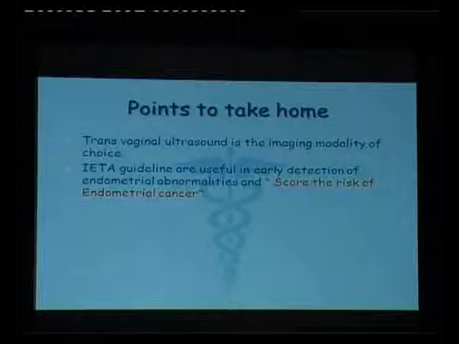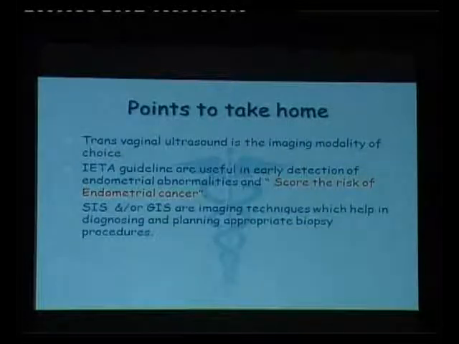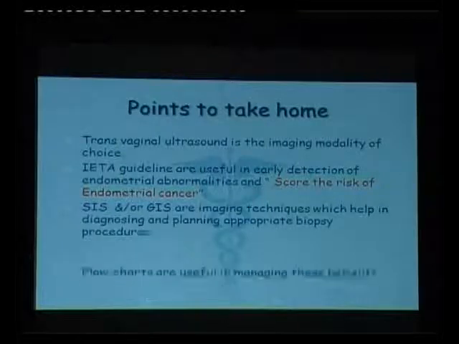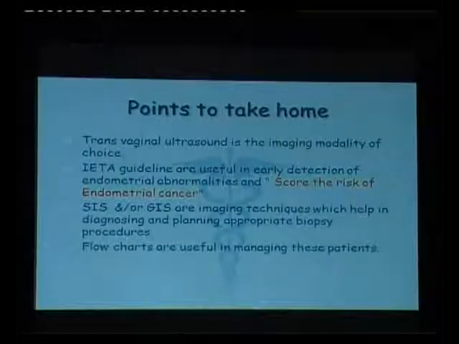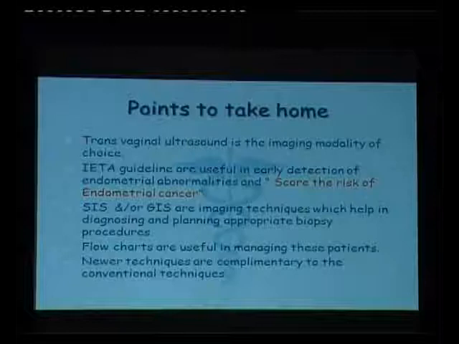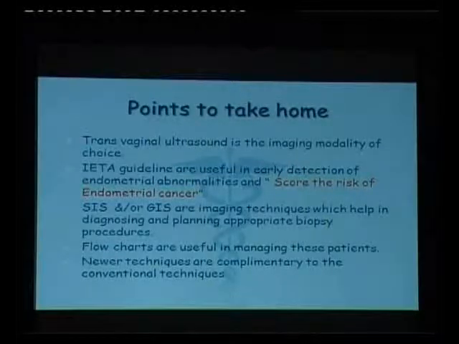Using this risk of malignancy scoring, we can come to a very reasonable conclusion about the stage of malignancy. Saline infusion sonography and gel instillation sonography are very important in diagnosing lesion irregularity, and flow charts are extremely useful in managing these patients. There are also newer techniques like elastography as well as contrast ultrasound, which are going to be of great help in evaluating these lesions.